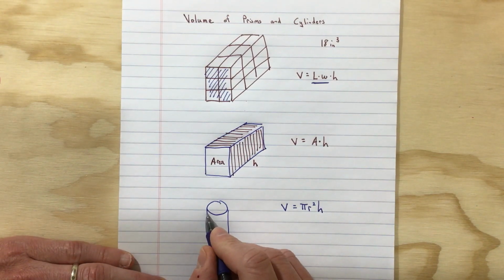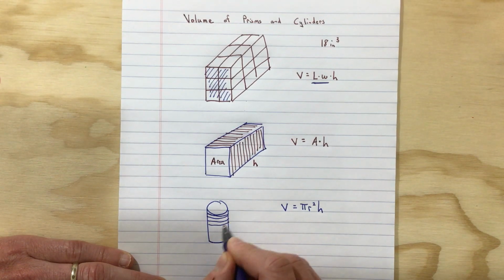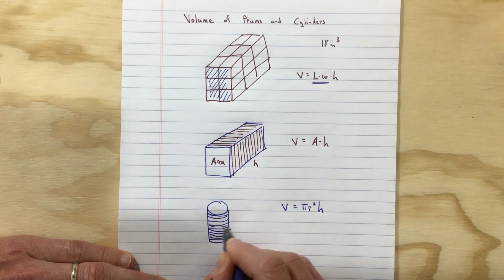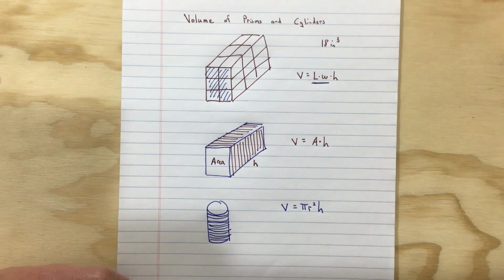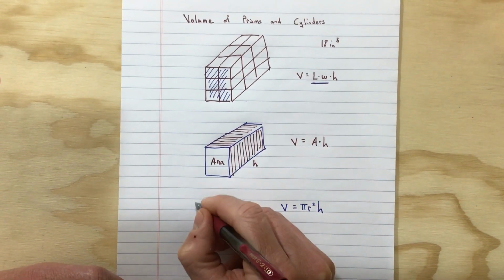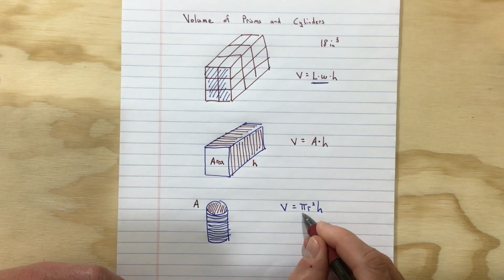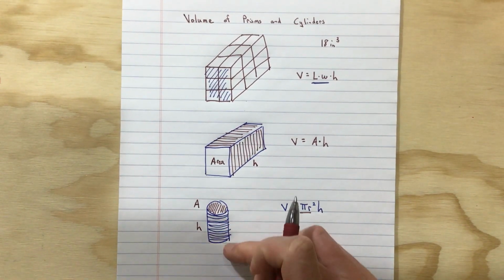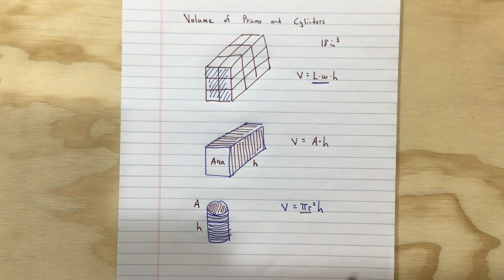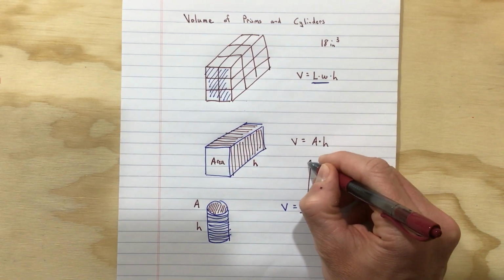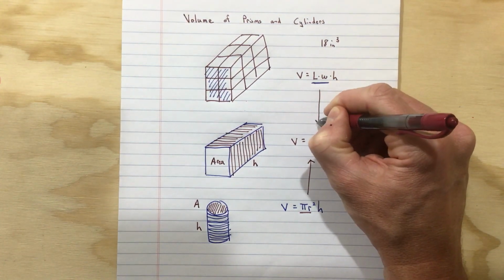So if you think of a cylinder and we stack a whole bunch of quarters, right? If you knew the area of this, A, that's just pi r squared, and then you multiplied by the height, meaning the number of quarters you stacked, then you actually get the volume.